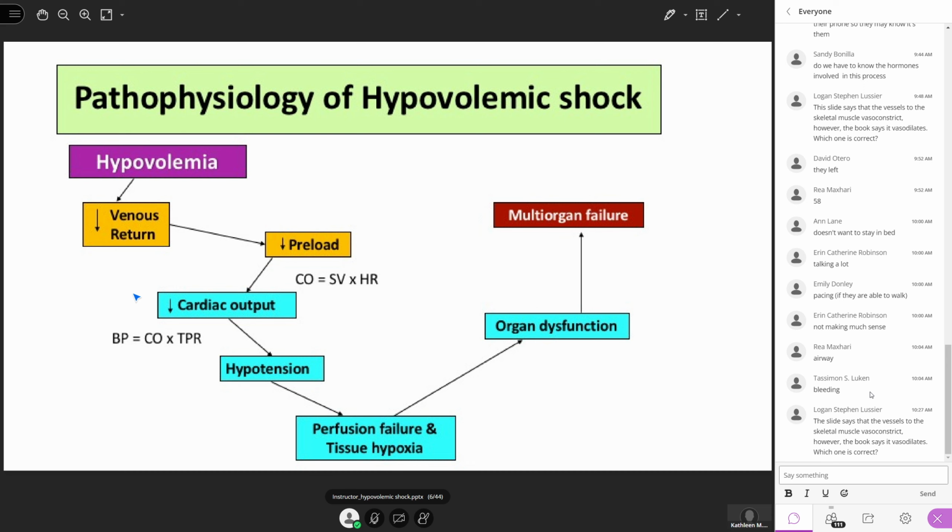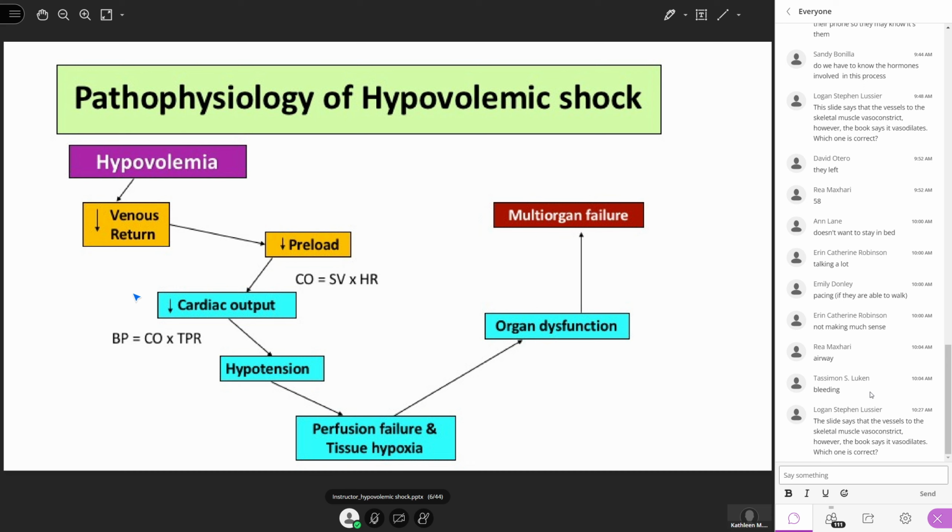The vasoconstriction that I'm talking about involves baroreceptors. The sympathetic nervous system gets notified, and these baroreceptors are measuring the lack of expansion in the heart. So that's a signal to the body.